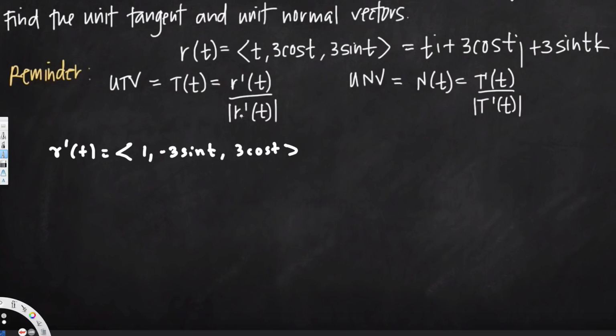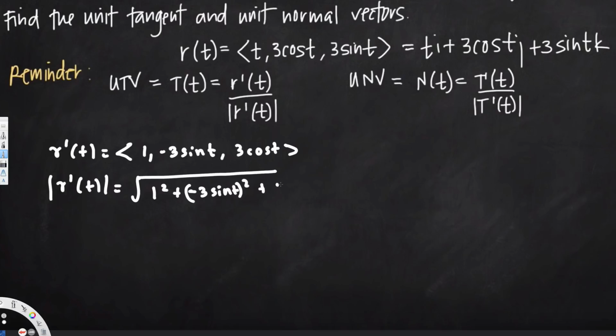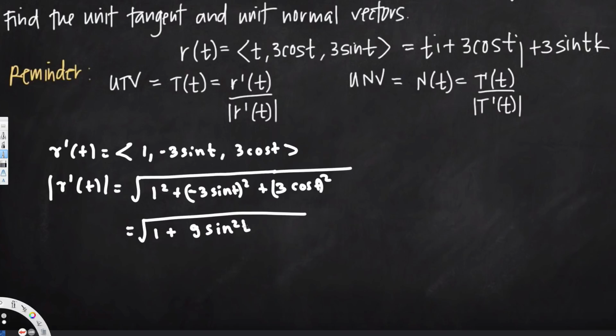Now we have to find the magnitude of the tangent vector. The magnitude is just the square of these components added together, then the square root. So this is going to be the square root of 1 squared plus negative 3 sin t squared plus 3 cos t squared. Let's simplify. This is 1 plus 9 sin squared t plus 9 cos squared t.